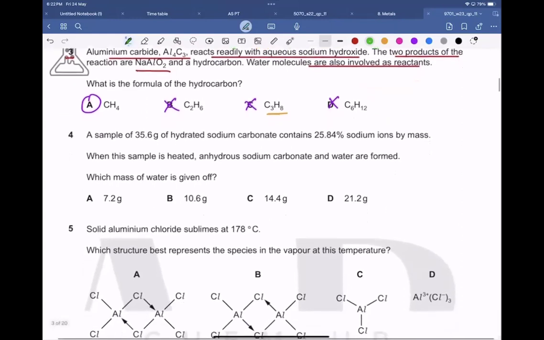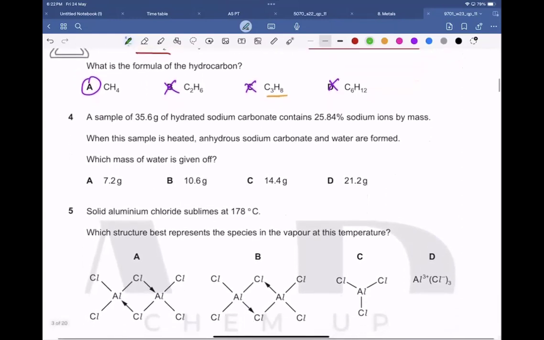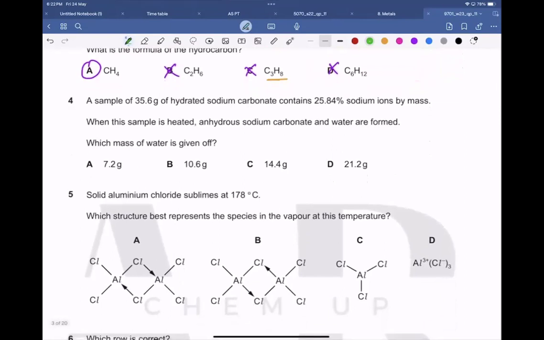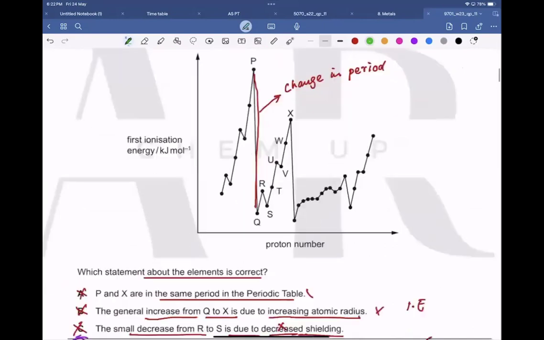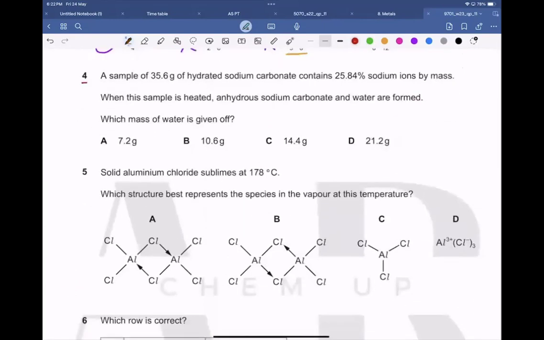Okay. Now, question number 4. A sample of 35.6 gram of hydrated sodium carbonate contains, see, it's hydrated, it means it's Na2CO3·xH2O or nH2O.